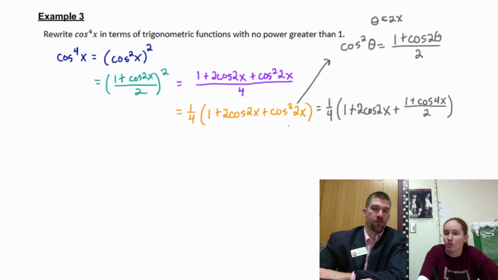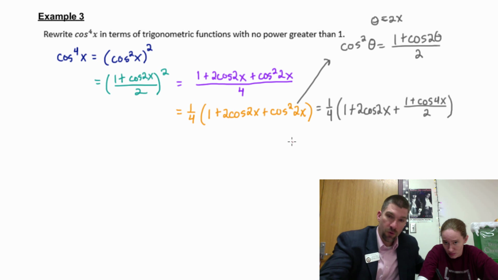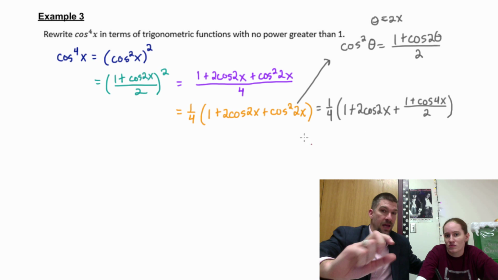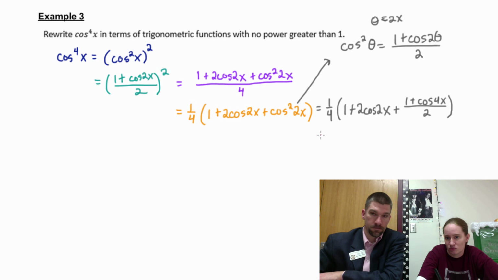That's how we're getting that 4x there. Yep. Now it does change to 4x in this situation because of what Mrs. Stevenson just showed you. That's why we don't have a 4x in a previous situation, because we're dealing with an angle that just has x. Right. So now, what should we do? Let's distribute the 1/4 and call it pretty. Okay.